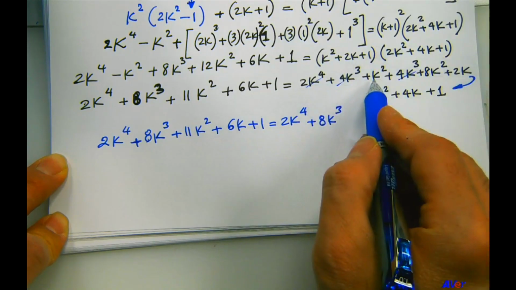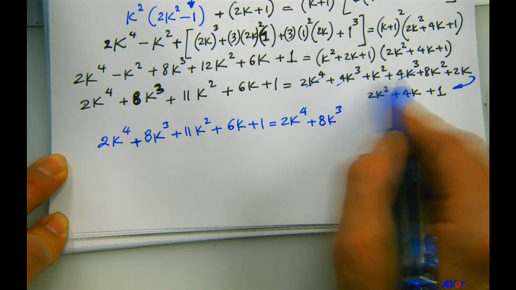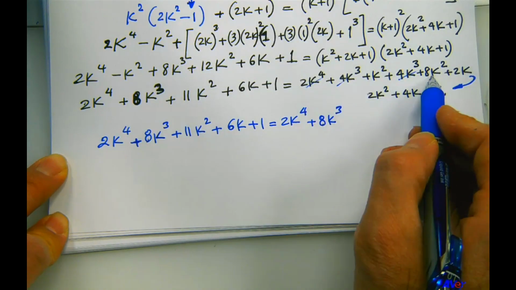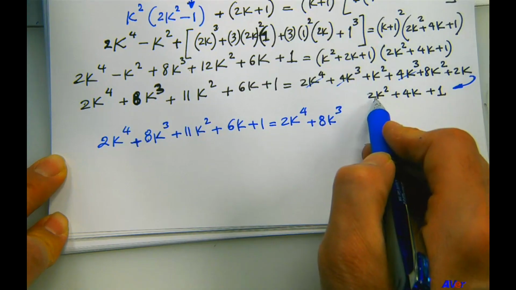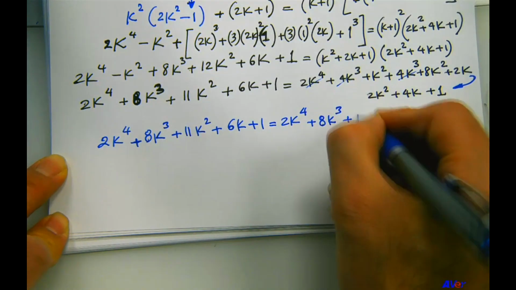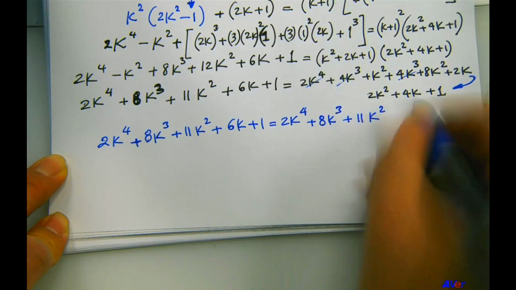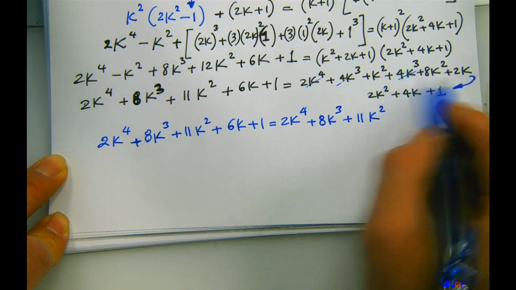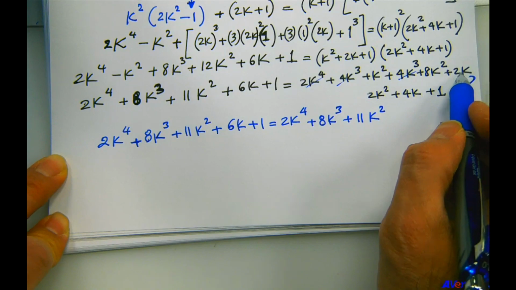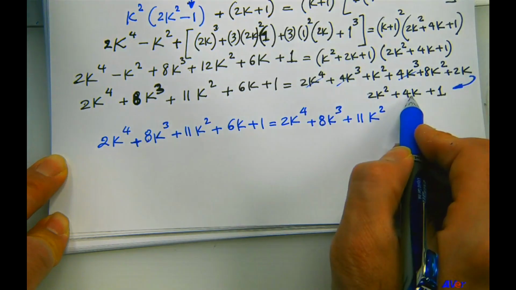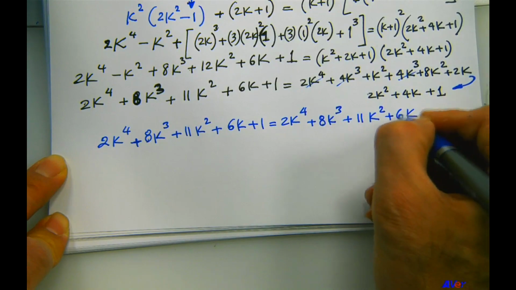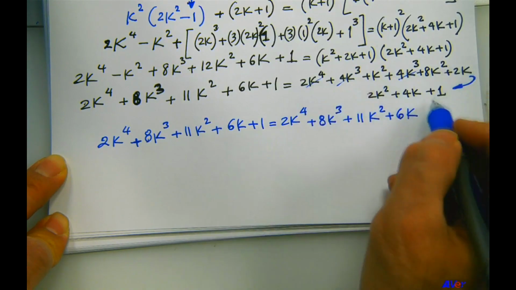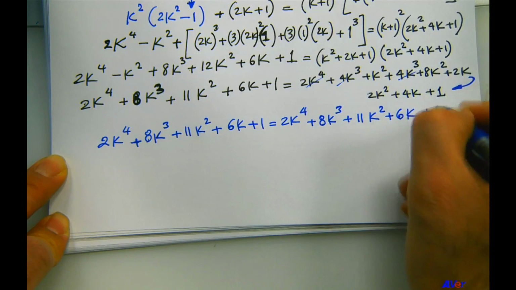How about the k squared plus 1k squared plus 8k squared? That's 9k squared plus another 2k squared down here. We get 11k squared, right? How about k terms? 2k plus another 4k term here, that's 6k. And then 1 is the only constant on the right, so let's write it down.